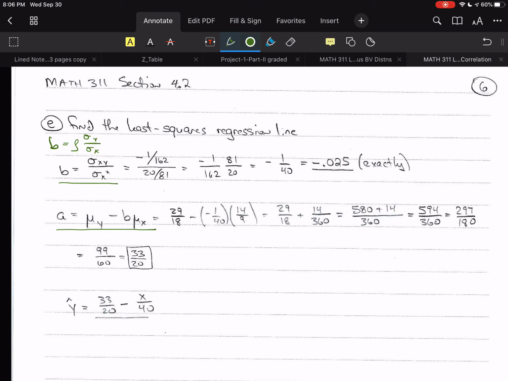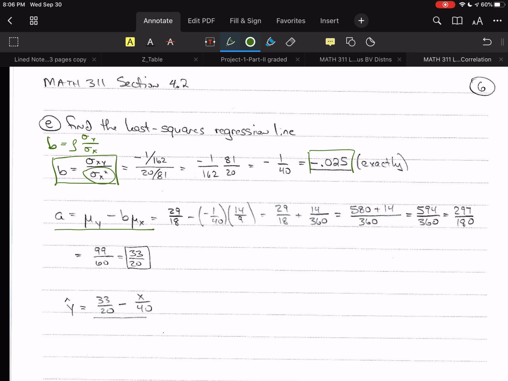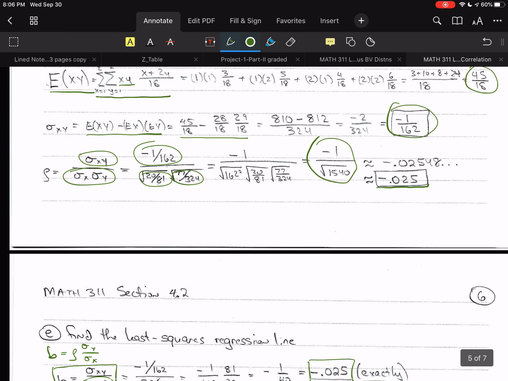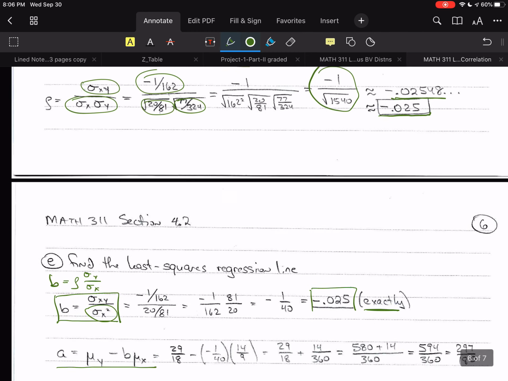So instead I used this form of the equation. I plugged in. Don't forget that we already had sigma x squared, the variance. So we end up with a negative 0.025, but this is exact. So b is not usually equal to rho, and it's not in this case because this is not exactly 0.025. It's just rounded to 3 decimal places.